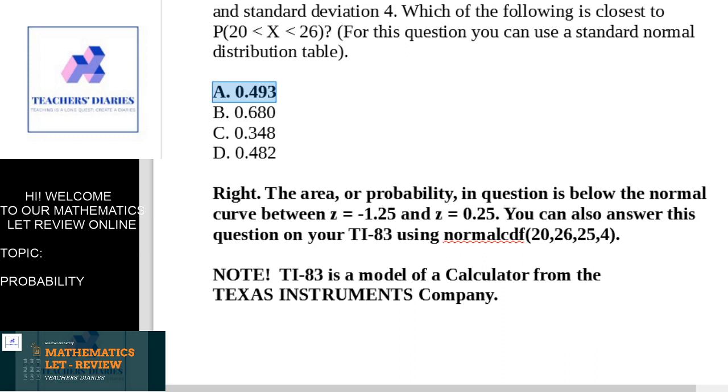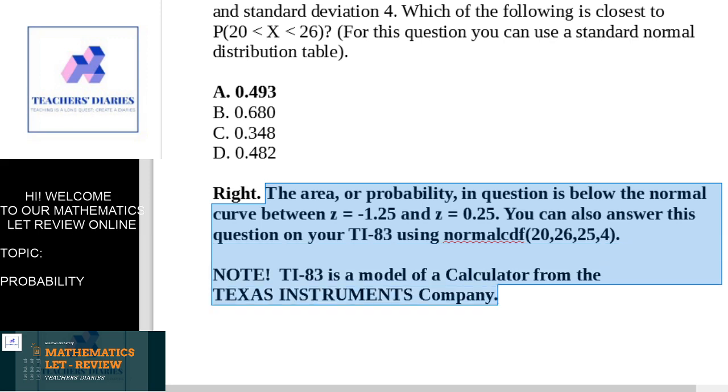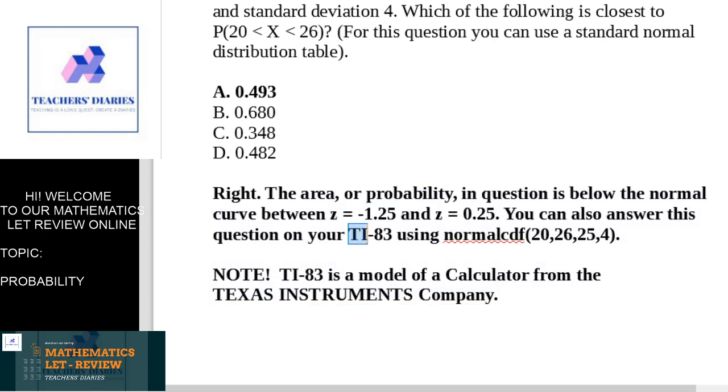The correct answer is 0.493. The area or probability in question is below the normal curve between z equal to negative 1.25 and z equal to 0.25. You can also answer this question using your TI-83 or any calculator that has this program, using normalcdf(20, 26, 25, 4).